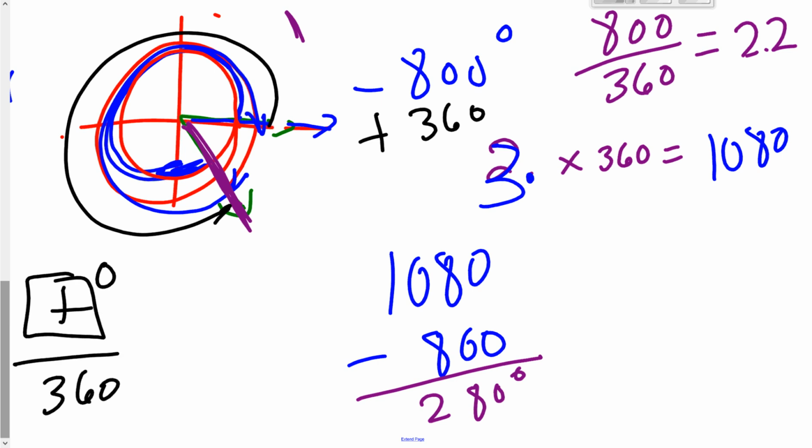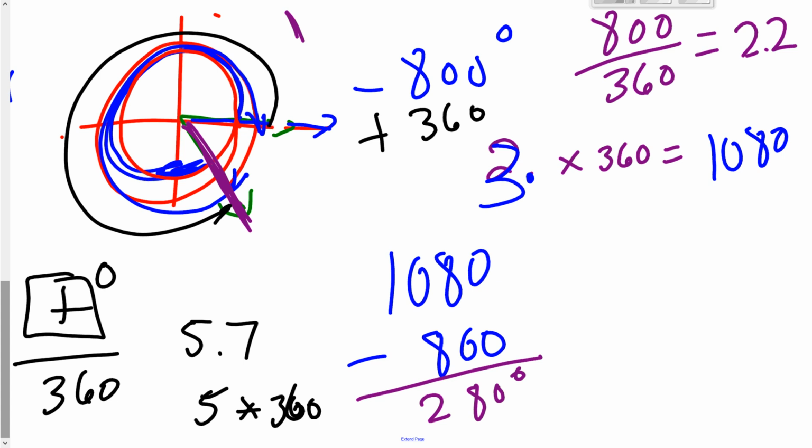Whatever number you get, say 5.7, if it's positive, you're going to round down to 5 and multiply that by 360. Then take whatever that is and subtract what your angle is.